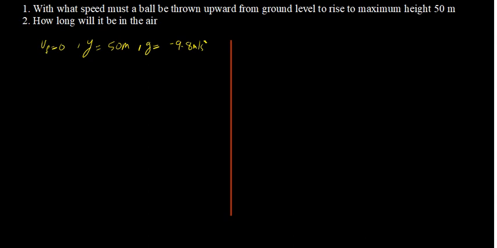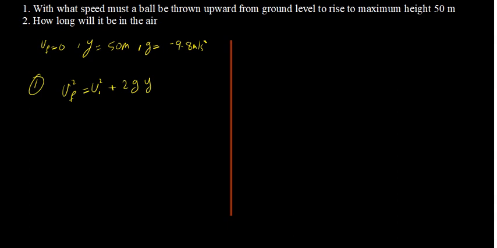Now, to find the initial speed, I can pick one of the kinematics equations, where the final velocity squared equals the initial velocity squared plus 2g, and I will say y because I am moving in the y direction.